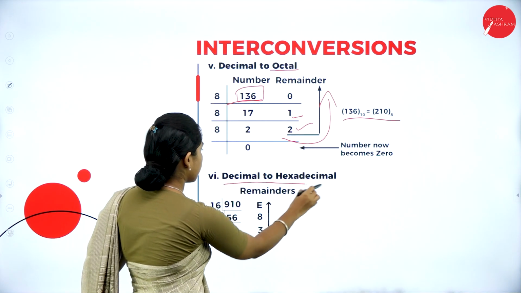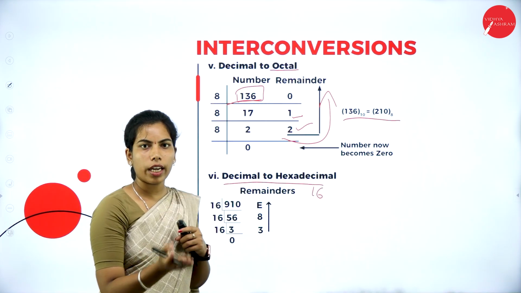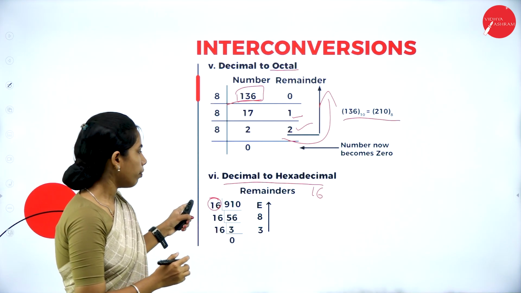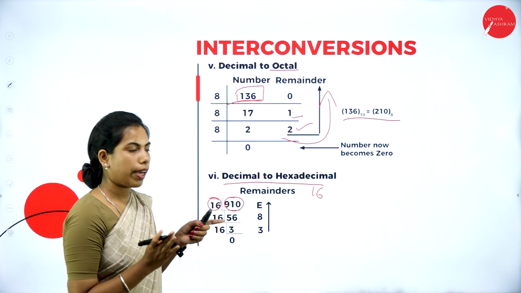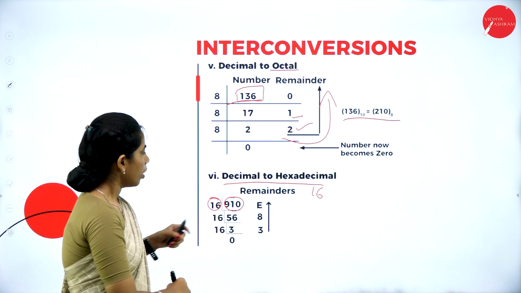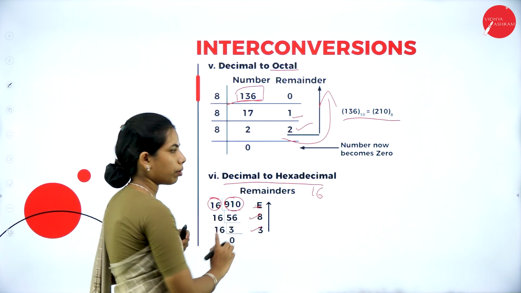So here you can see another example, decimal to hexadecimal again. You have to convert decimal to hexadecimal, so that's why I use 16 as the divider. This is my decimal value, 910. You have to divide by 16. When you keep on dividing, you will get remainder E, remainder 8, and also remainder 3.